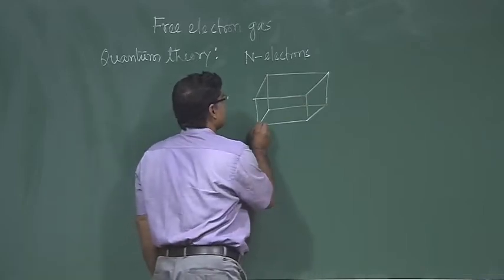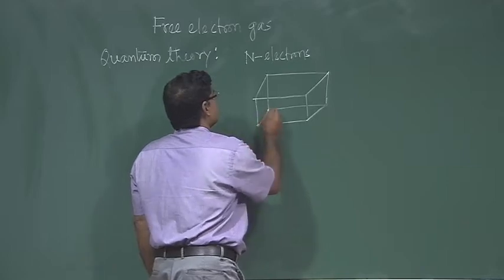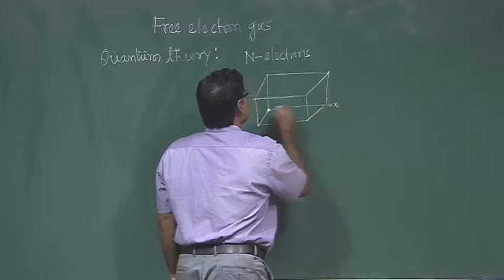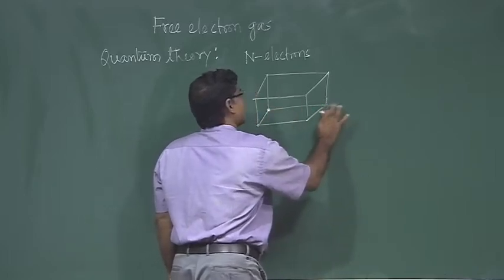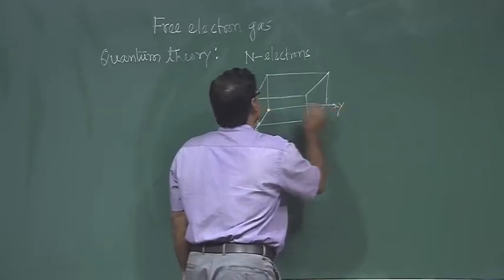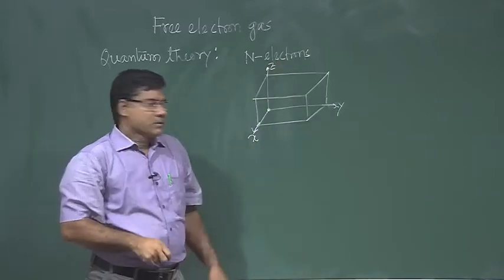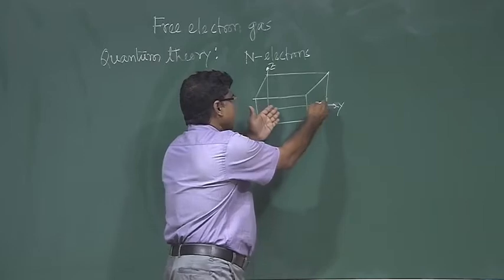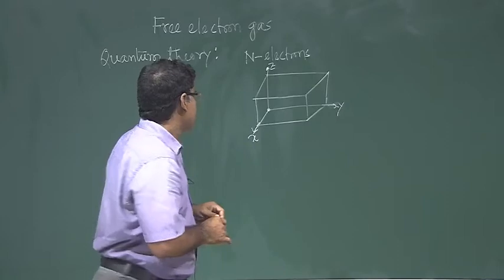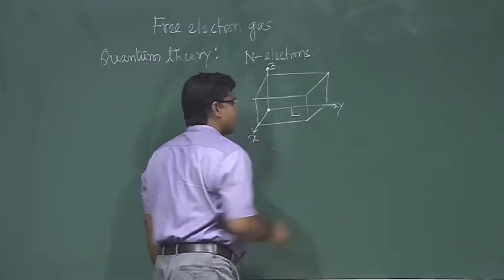If we take this as the origin, this direction is x, this is y, and this is z direction. The length of the box can be Lx, Ly, Lz, but for simplicity we can consider a cube, so the length in all directions is the same, L.